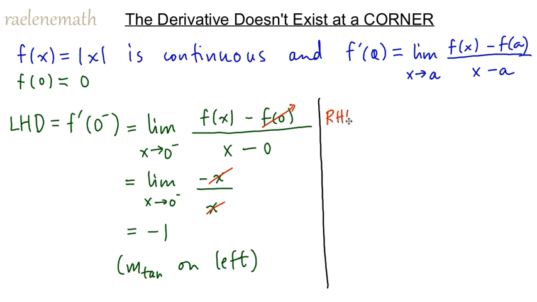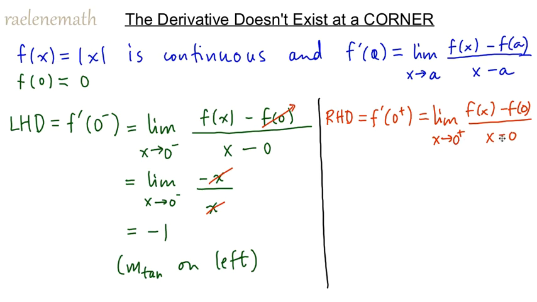And so the right-hand derivative we will write as f prime of 0 plus. We will work it out as a limit. So the limit as x approaches 0 from the right of f of x minus f of 0. Now, just because we are working from the right or from the left doesn't mean we use a different function definition for f of 0. Recall, f of 0 is a function value.